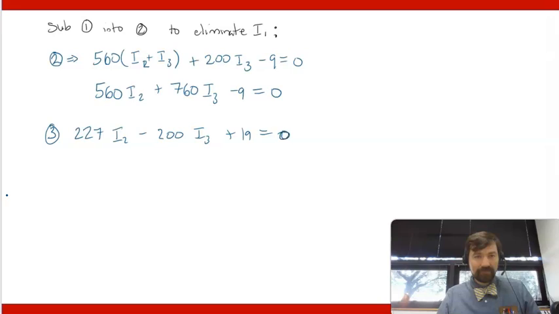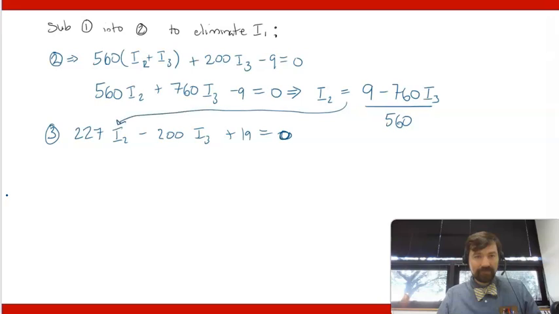So you can essentially take this one maybe and solve it for I2. And so I2 would be 9 minus 760 of I3, all divided by 560. And so now I can substitute that into this equation for the I2s.